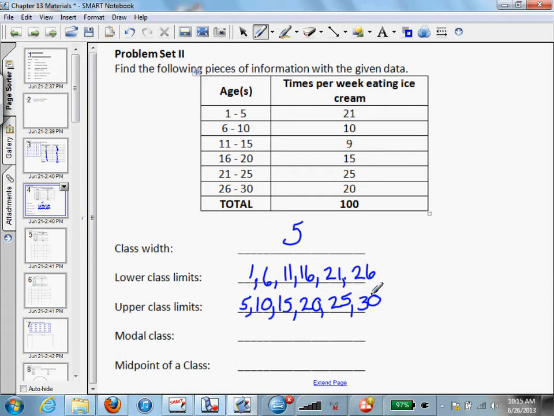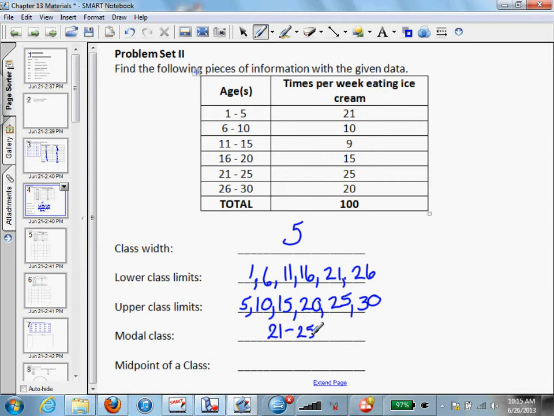While the modal class is going to be the one that has the most occurrences. So as you can see from here, 25 as a frequency happens for the age range of 21 to 25. It's what happens the most often.